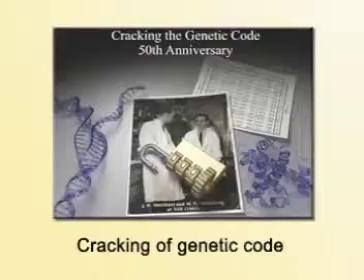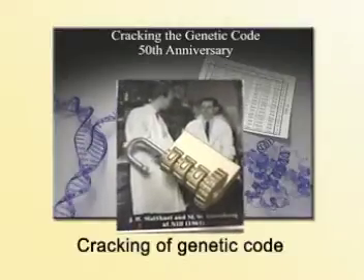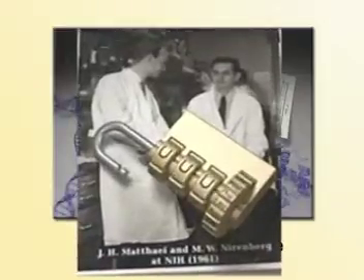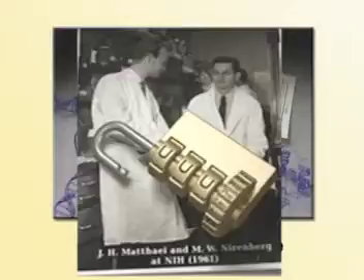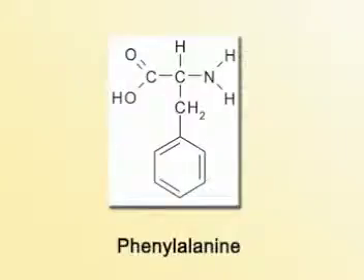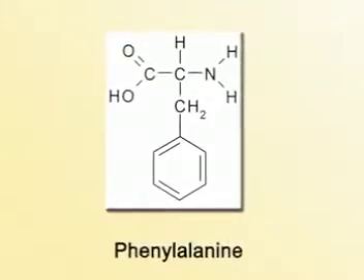The first major breakthrough came in 1961 when M. W. Nirenberg and J. H. Matthaei synthesized RNA using only uracil, so that all along the length of mRNA there was no other base, and the only possible triplet was U. When such a poly-U RNA was used in cell-free synthesis of a polypeptide, only polyphenylalanine was synthesized, meaning that only amino acid coded was phenylalanine.